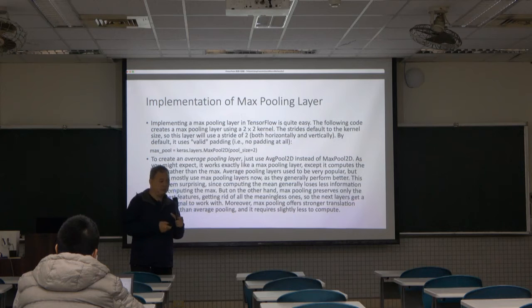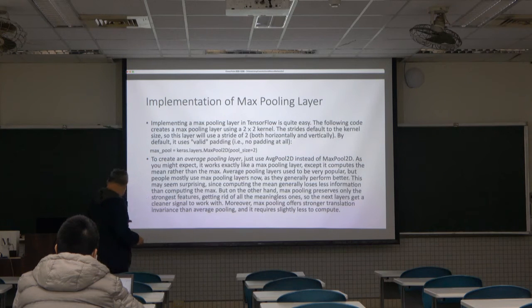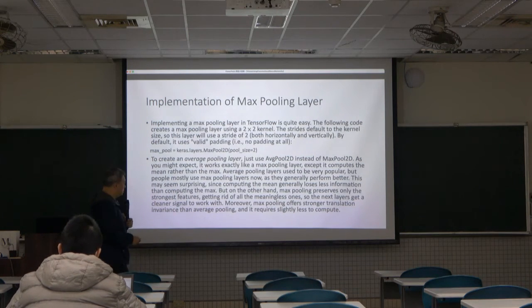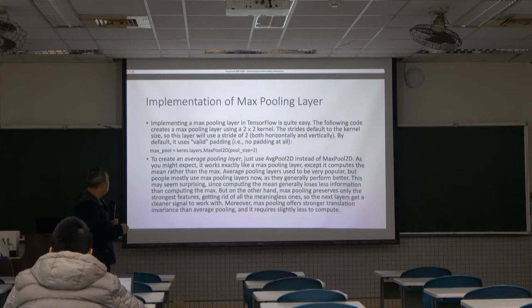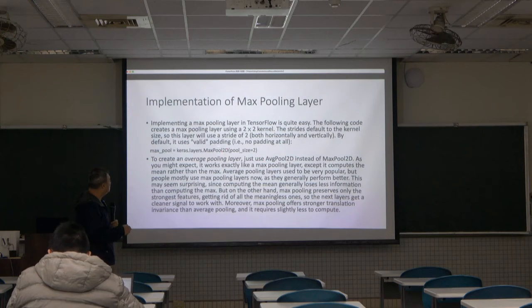Basically, its purpose is always subsampling. And if you want to create an average pooling layer, you just replace MaxPool2D by AvgPool2D. That's it, so it's very easy to add the pooling layer.